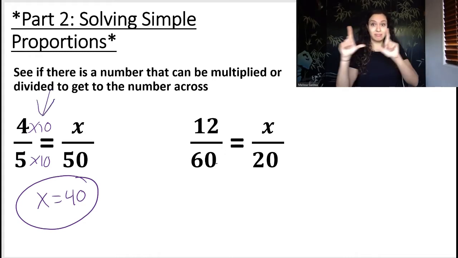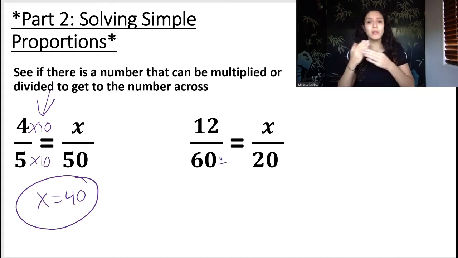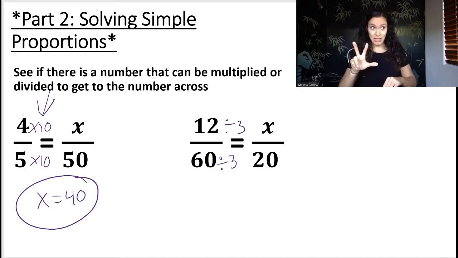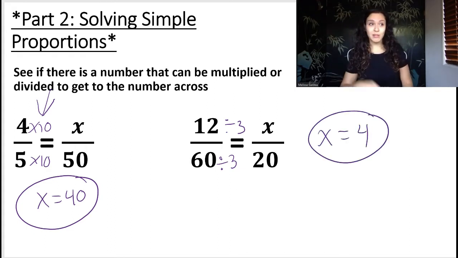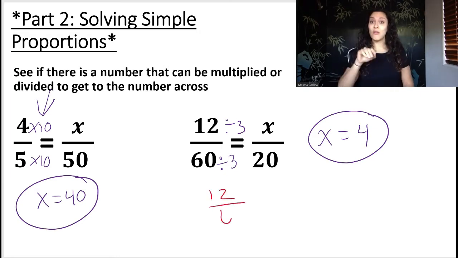Here, whoa, okay, how do I get from 60 to 20? Okay, now I'm going to divide because it got smaller. Divide by what? 3. So 12 divided by 3 equals 4. So x equals 4. And if you wanted, you can still work backwards. Look, 12 out of 60 equals x over 20.